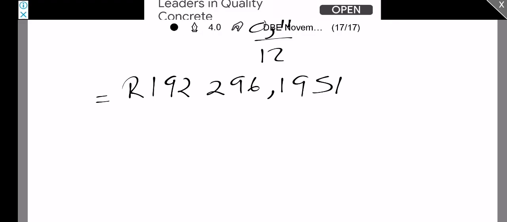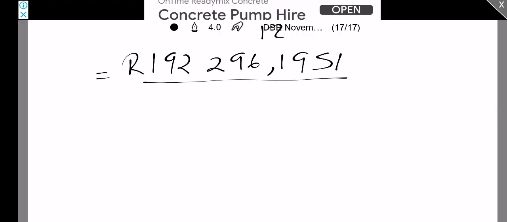Therefore, we are going to subtract this from the loan amount that we know.